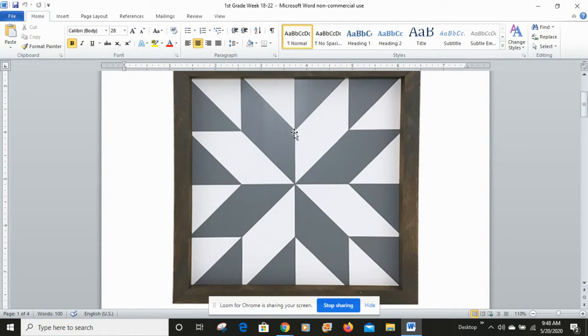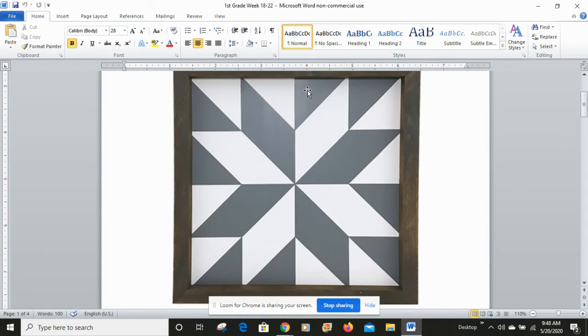I'll outline this white shape right here. It is a 4-sided closed figure. And then there's another one right here. This is the white one. It goes like that, and that's a 3-sided closed figure.